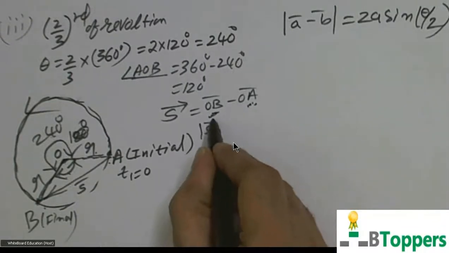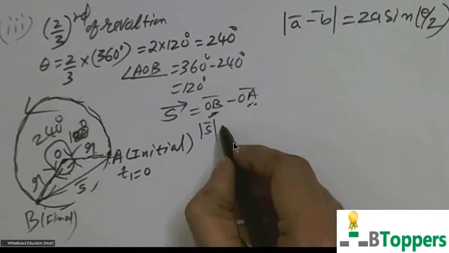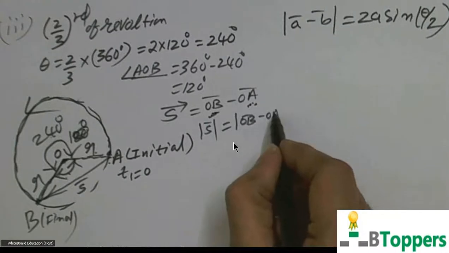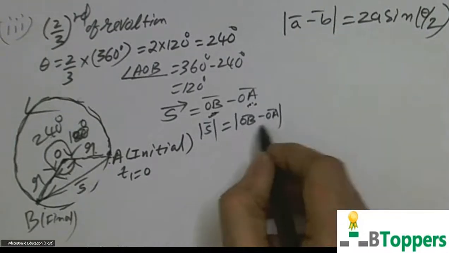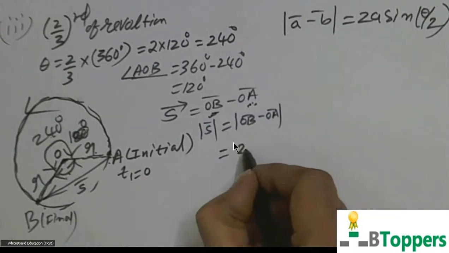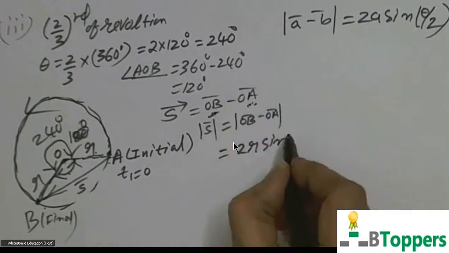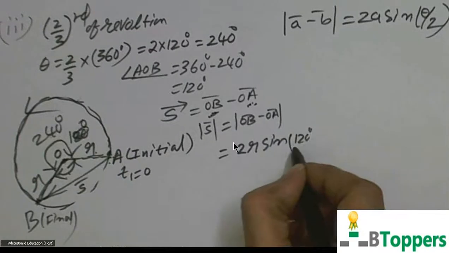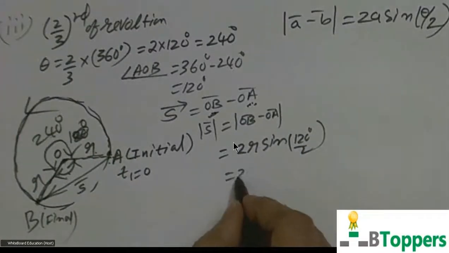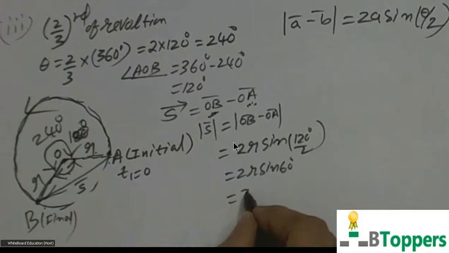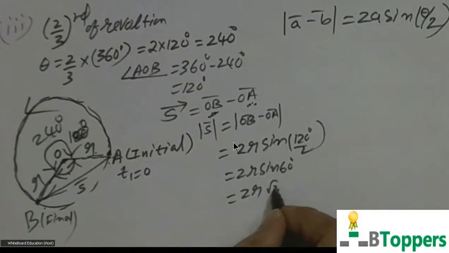So magnitude of the displacement of the particle can be written as mod of OB bar minus OA bar, the magnitude of the vector difference. That is 2R sine of the angle AOB, or 2R sine 60 degrees. That will be 2R into root 3 by 2, or R into root 3.